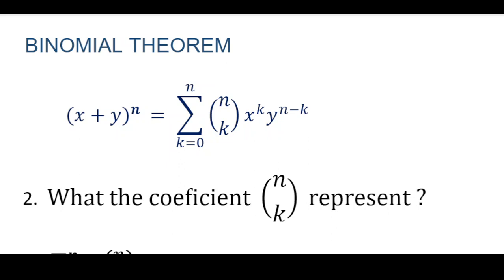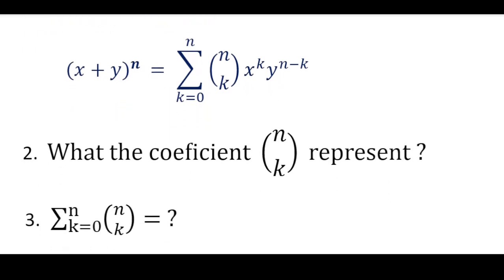Then we defined the binomial theorem, which is a very important result in counting techniques. If you see the left side of this expression, (x + y)^n, the base term x plus y is indeed a binomial expression because it is the sum of two terms and we are raising its power.